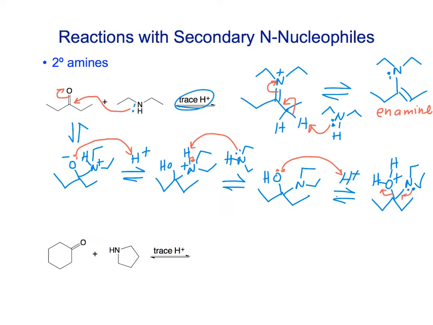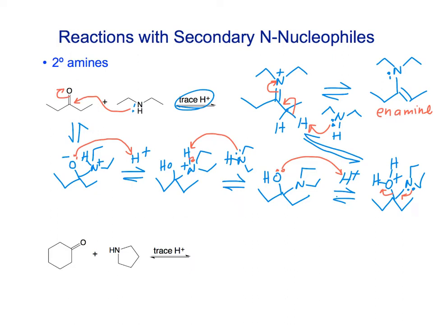So these electrons can come down like this. And if we do that, that gives us this first intermediate that I drew up. So we form the double bond between the carbon and the nitrogen, get rid of the water, and we form that compound there.